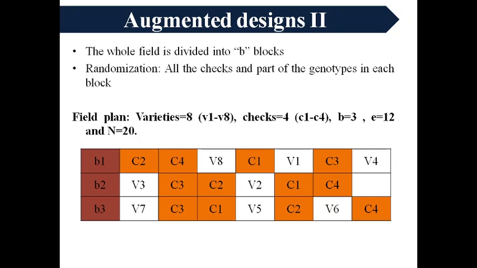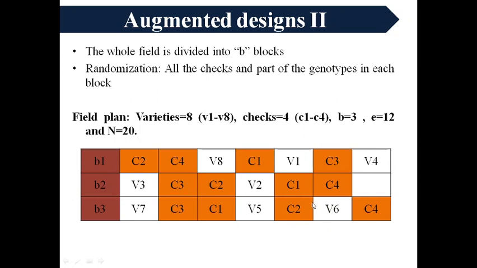Here is how the randomization is done. You place all the checks C2, C4, C1, C3 and 3 varieties. Part of the test genotypes, V8, V1, V4, are among the 8 genotypes here, but we replicated all the checks in B1, B2, B3.